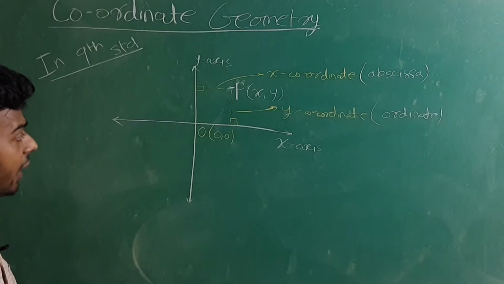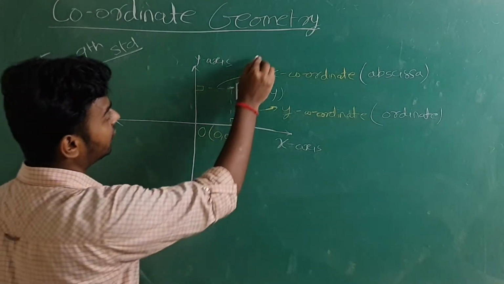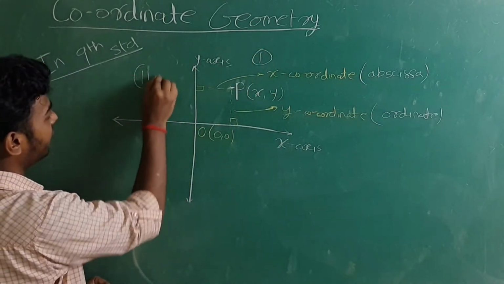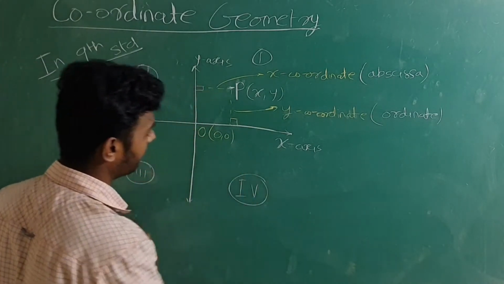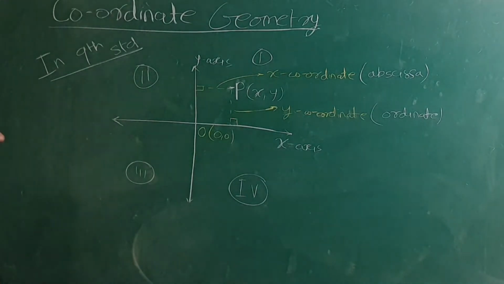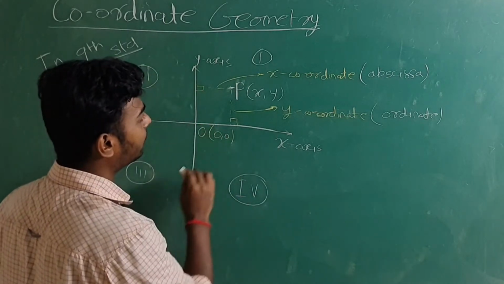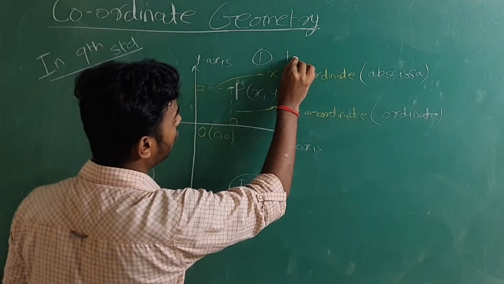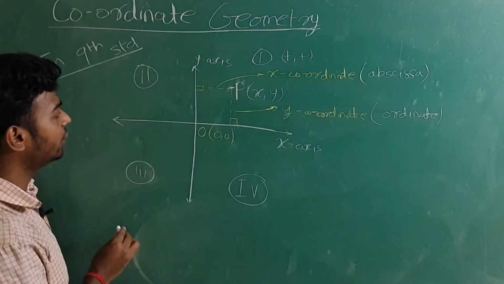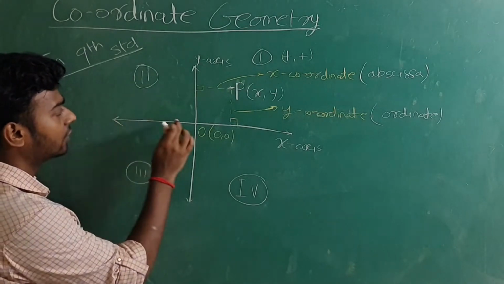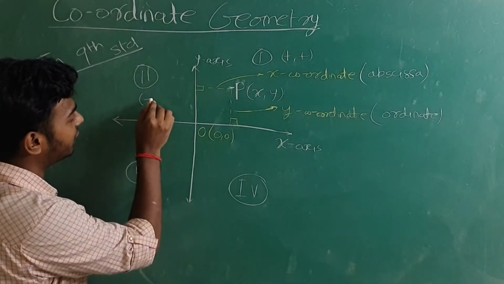And you also know that there are 4 quadrants: first, second, third, and fourth. In the first quadrant, x and y both are positive, so the coordinates become plus, plus. In the second quadrant, x is negative and y is positive, so the coordinates become negative, plus.